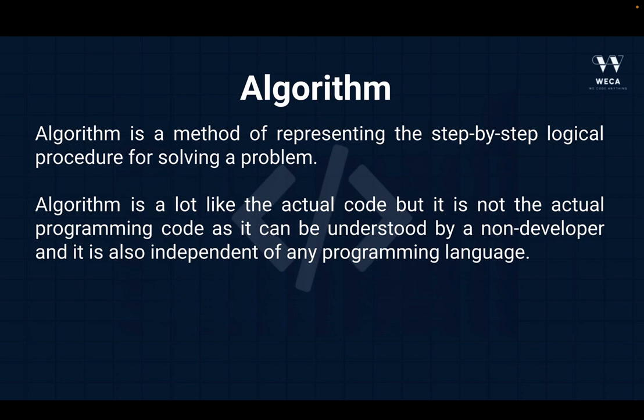You're telling a layman in English, however, you're writing something that looks like code, but it is not code. It is also independent of programming language. So algorithm does not mean you must understand PHP or Java or C++ or JavaScript, whatever it is. An algorithm that works for JavaScript would work exactly the same way for Java and PHP and C++ and React, whatever it is you have.